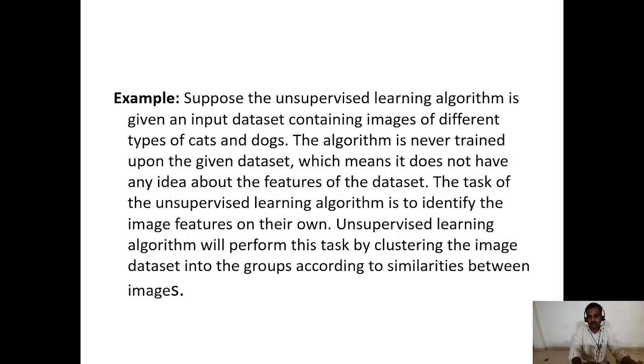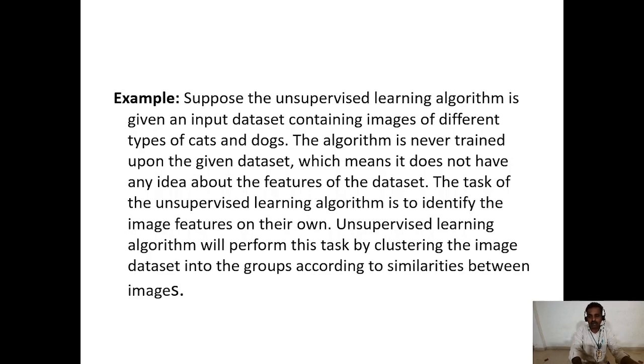The algorithm is never trained upon the given data set, which means it does not have any idea about the features of the data set. The task of the unsupervised learning algorithm is to identify the image features on its own. It will perform this task by clustering the image dataset into groups according to the similarities between the images.